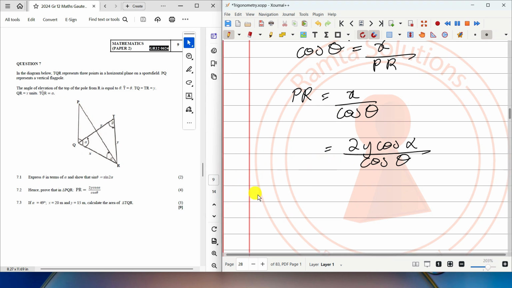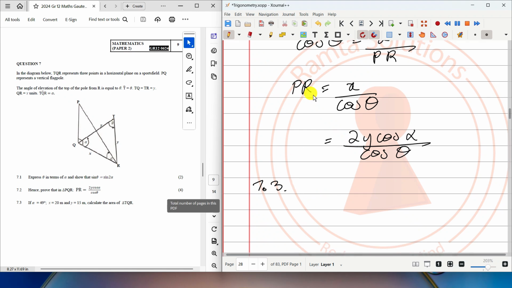7.3. If alpha is 49 degrees, X is 20 meters, and Y is 15 meters, calculate the area of triangle PQR. No worries.